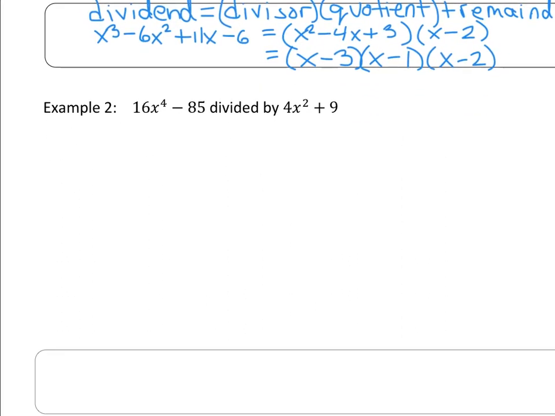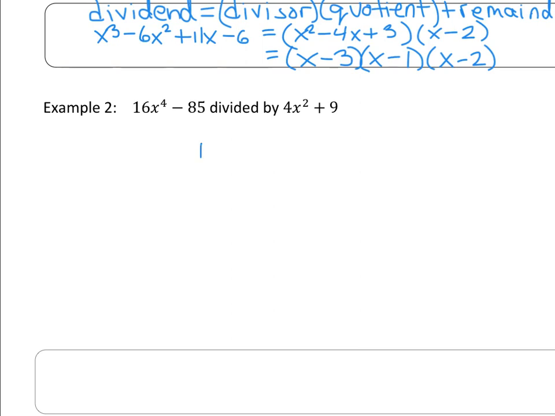So I have 16x to the power of 4 minus 85 as a dividend, being divided by a divisor of 4x squared plus 9. This is an example where we need to put placeholders for every descending exponent in the dividend.